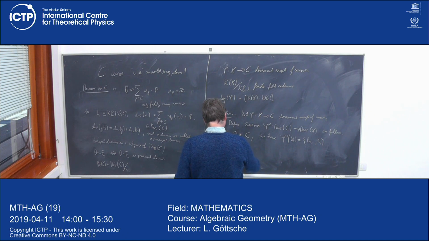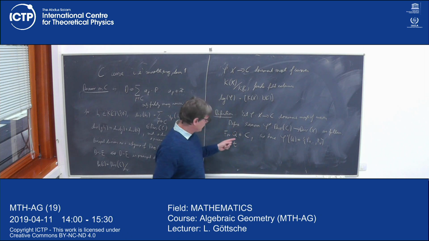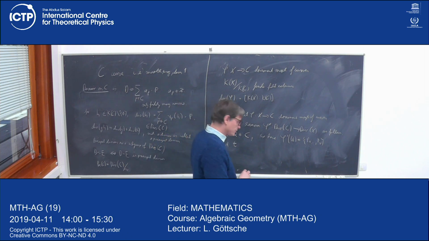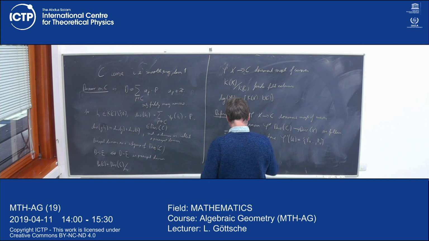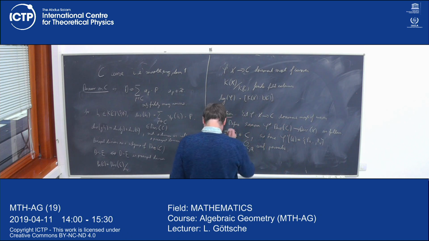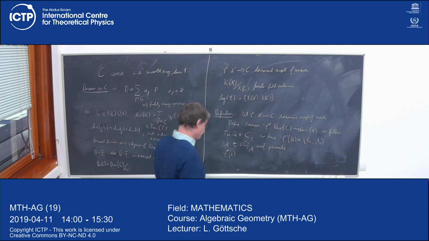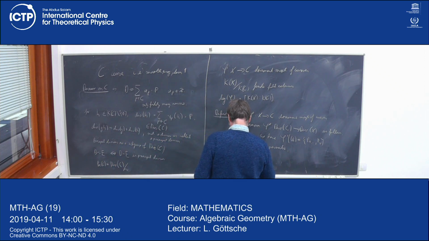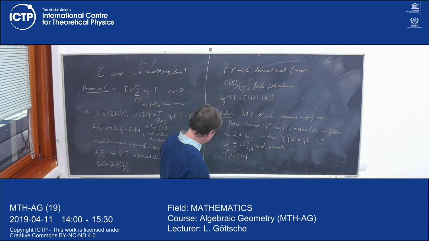So let t be a uniformizing parameter at Q. Then obviously if I take the pullback of this uniformizing parameter, which by definition is just t composed with phi, this is a regular function.